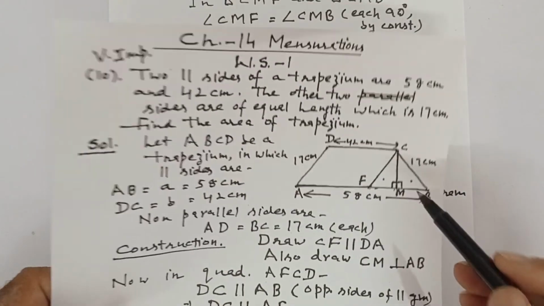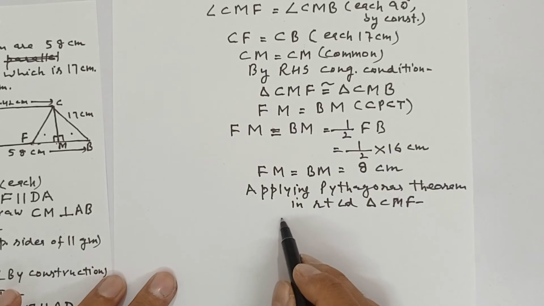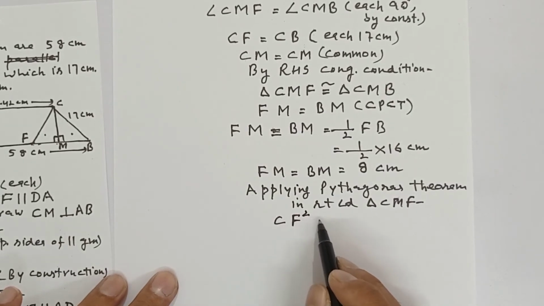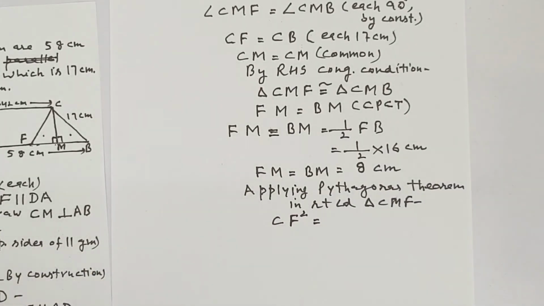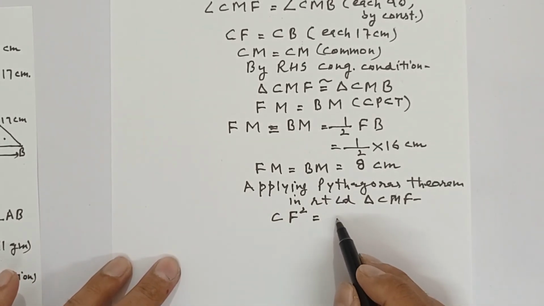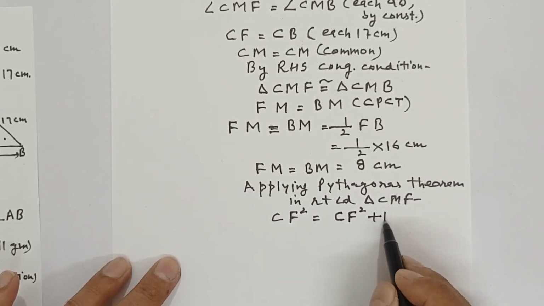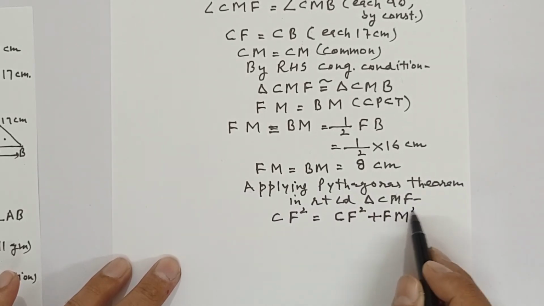You can see in front of 90 degree the side is hypotenuse. So CF square is equal to, what is Pythagoras theorem? That in a right angle triangle the square of hypotenuse is equal to the sum of the squares of the other two sides. So CF square plus FM square.